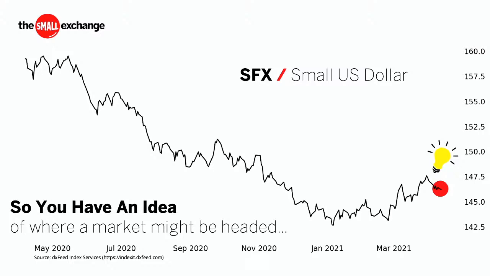And this is really all you need, I think, here in 2021, given the great access from different trading platforms like Tastyworks and Robinhood and everything down the line, and also the great revolution of accessible product types: options, weekly options, even in some cases daily options, and then the small exchange futures here, accessible product types for everybody who just has an idea of where a market might be headed.